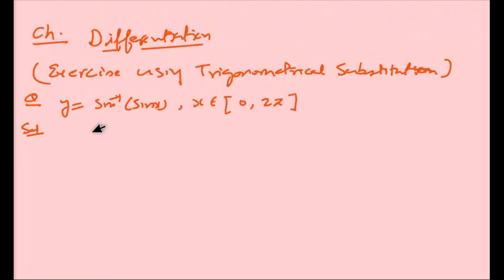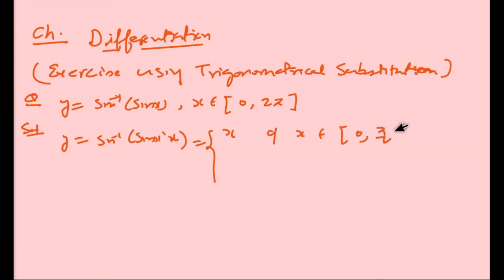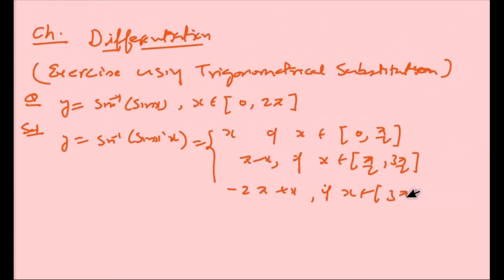Now you know the formula: y equal to sine inverse sine x is equal to x if x belongs to 0 to pi by 2, and it is pi minus x if x belongs to pi by 2 to 3 pi by 2, and minus 2 pi plus x if x belongs to 3 pi by 2 to 2 pi.